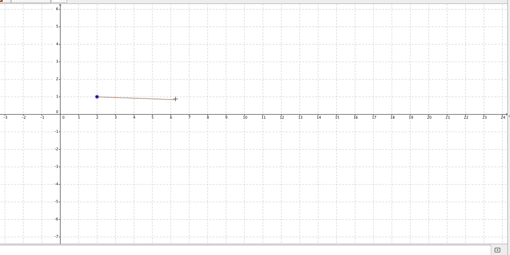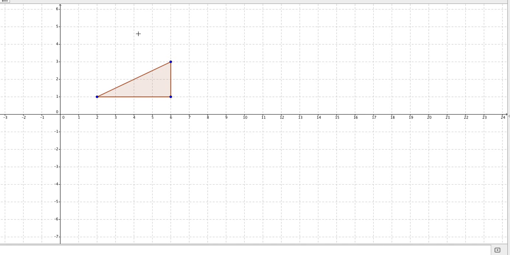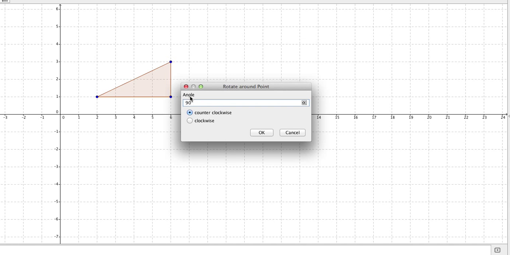Let's do this triangle right here, and we want to rotate this triangle around this point. Let's say we want to rotate it by 90 degrees clockwise.